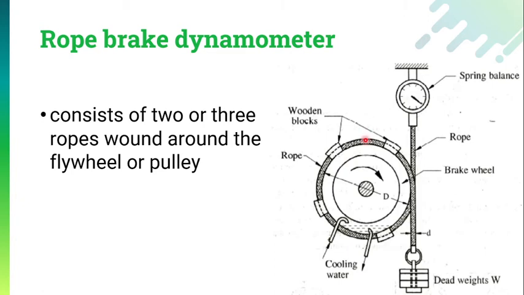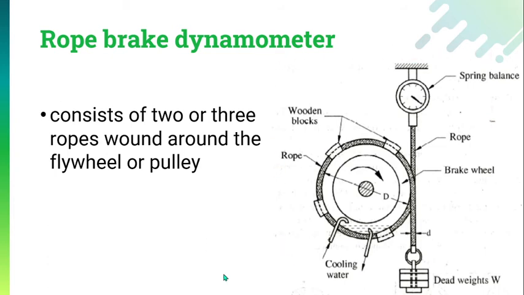Many times the rope tends to slip from the pulley or the flywheel, and the blocks will not allow the rope to slip. So this is how the whole construction of the rope brake dynamometer is done.